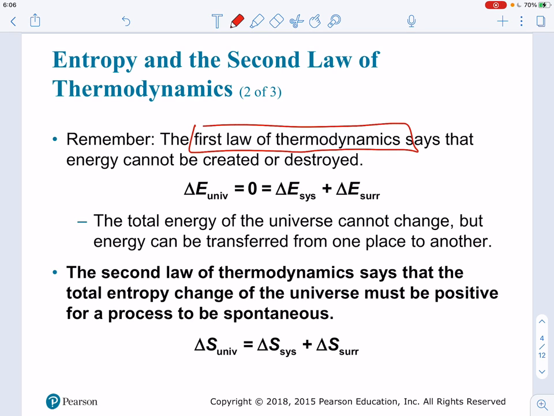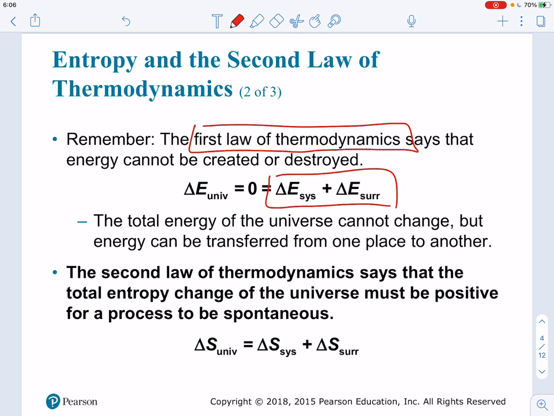However, the way you can picture the possibility of transfer of energy is by saying that the change in energy of the universe equals the change in energy of the system plus the change in energy of the surroundings. That's just to oversimplify what the universe is. The universe could be as big or as small as you want, and the system and the surroundings are just two compartments within that universe that you are studying.